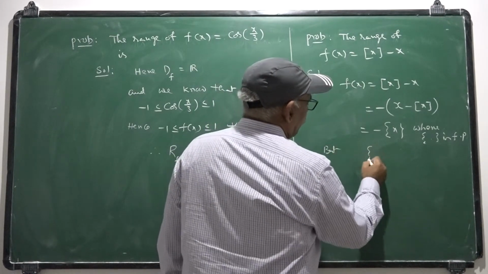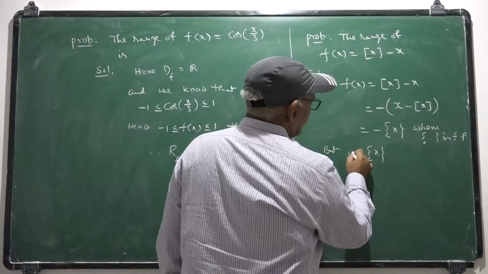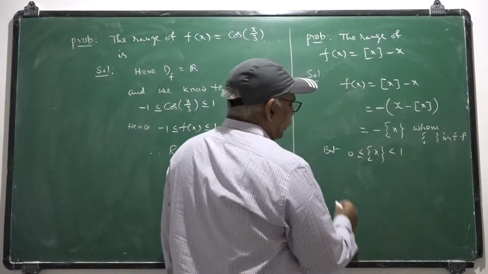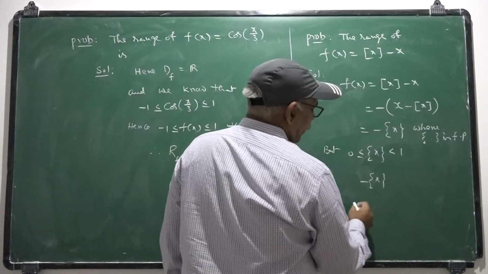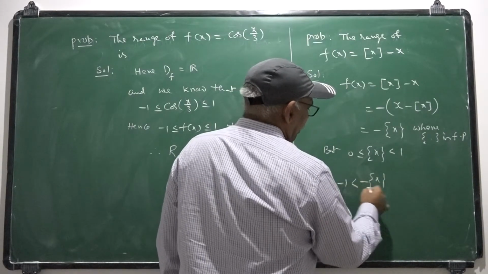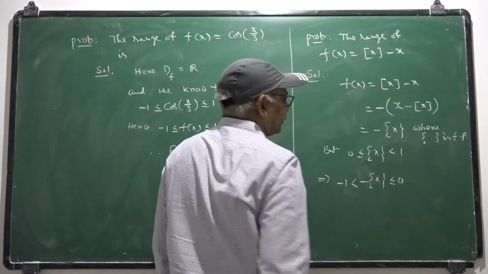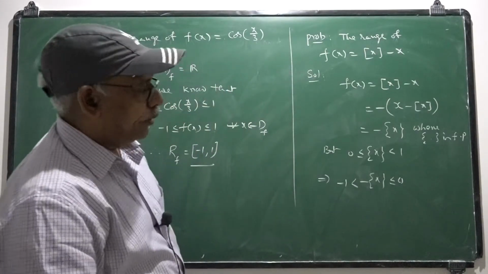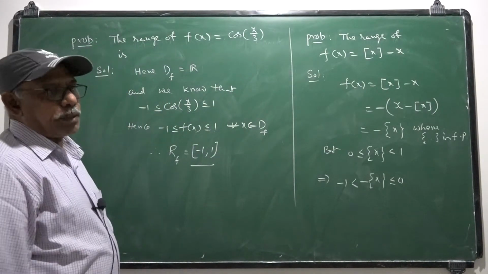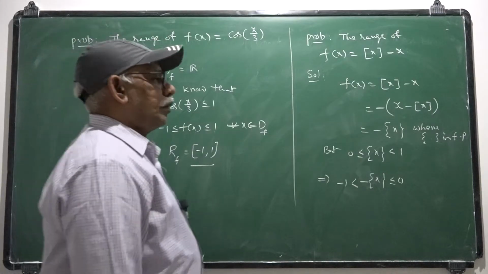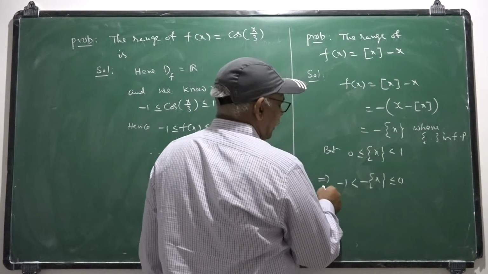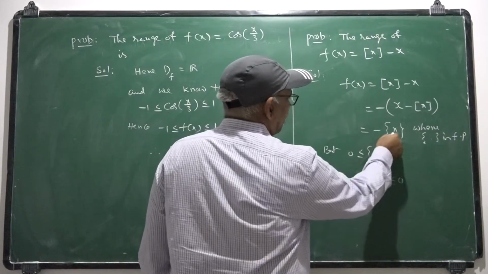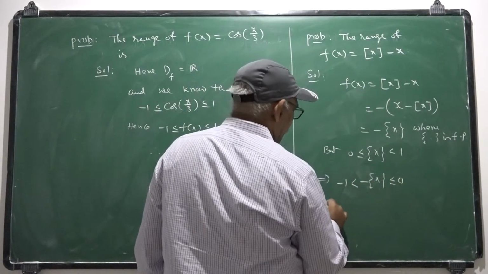But the fractional part of x always lies between 0 and 1. That implies minus the fractional part of x lies between -1 and 0. Once x is an integer, the fractional part is 0. So, the fractional part of x lies between 0 and 1 means minus the fractional part of x lies between -1 and 0.